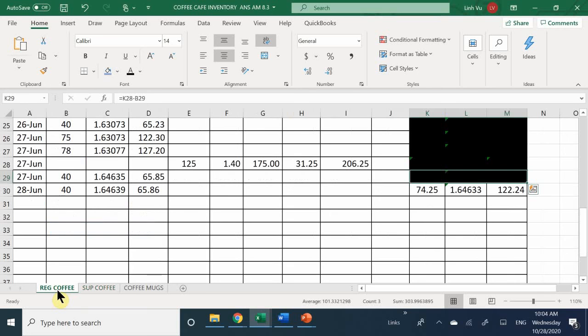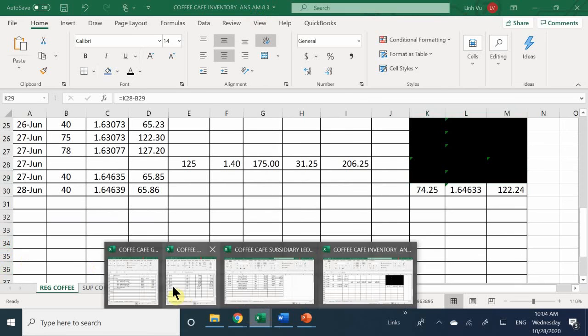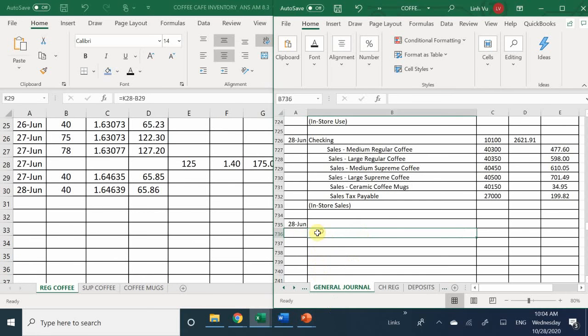So here, what do we do next? You came in at 10. General journal. COGS regular coffee, and COGS supreme coffee. Inventory, regular coffee, and supreme coffee.